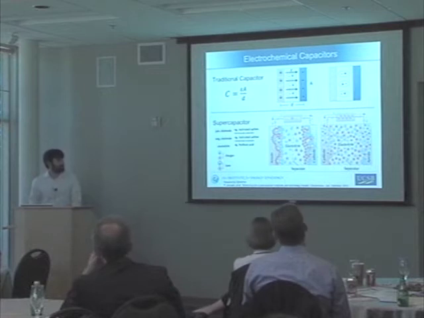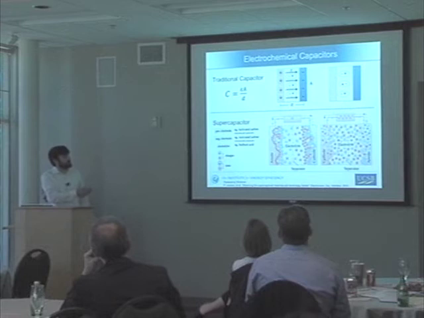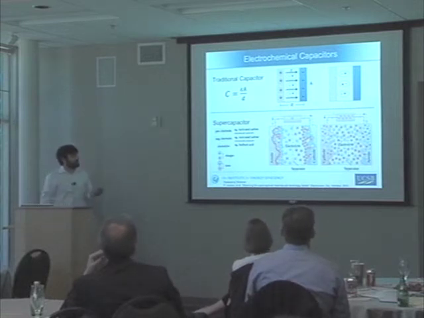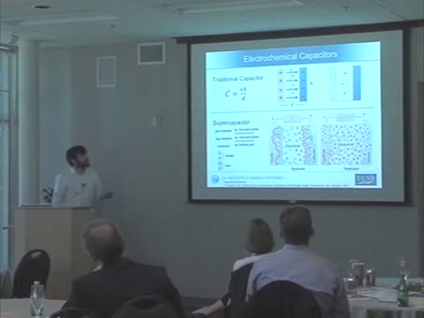Before I discuss how we're going to do that, this is a brief review of how energy is stored in a capacitor. A traditional capacitor is just two conducting plates separated by an insulating dielectric material. As you apply a potential across the plates, you move electric charge from one to the other, and energy is stored in the potential electric field between the plates.